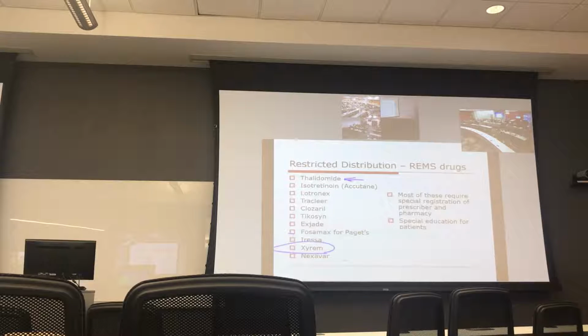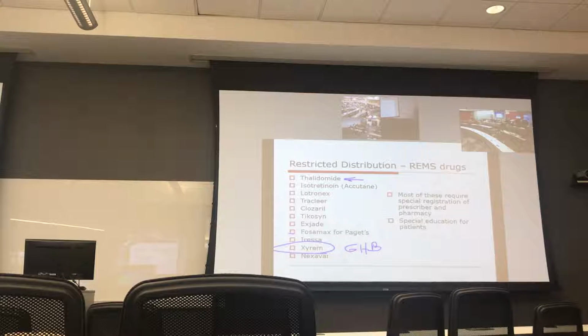I'm going to talk a little bit about Xyrem. We're going to talk about it a couple of times during the semester. It's a very interesting drug from the regulatory, pharmacy law point of view. Xyrem is actually an available commercial product used for treating narcolepsy. However, it is also the same drug that is contained in the product known as GHB, gamma hydroxybutyrate, or the date rape drug.